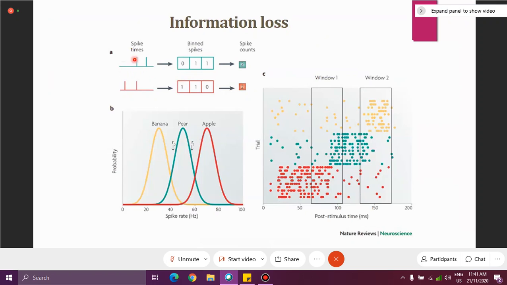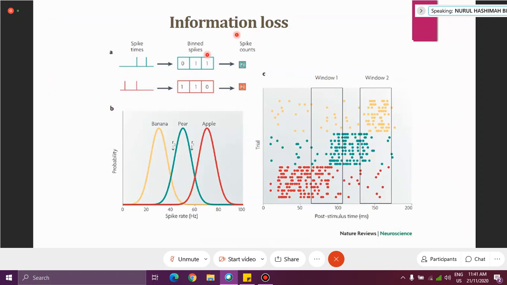For the green one, after we have done all the process of spike sorting, we get this representation, and we change it. Since it's temporal coding, we change it into binary bits. You have seen this before, based on the spike counts.